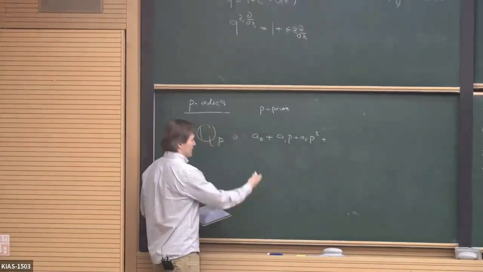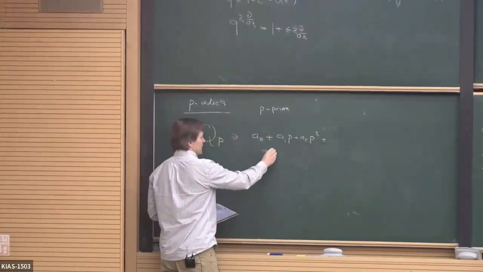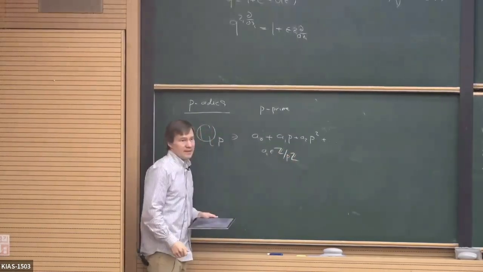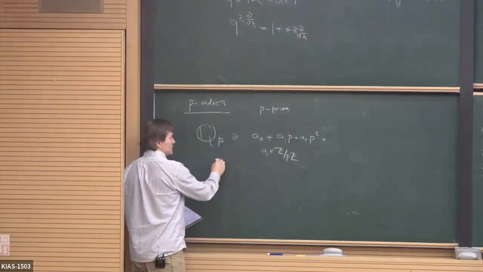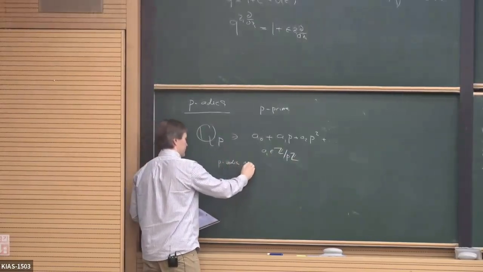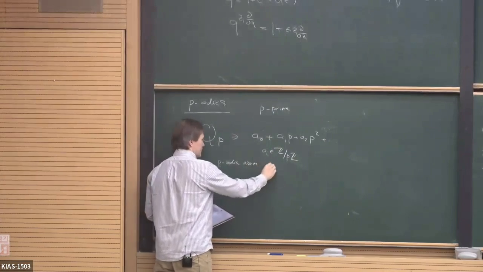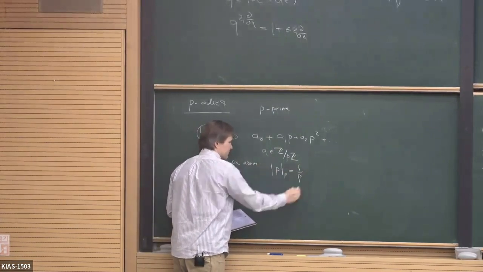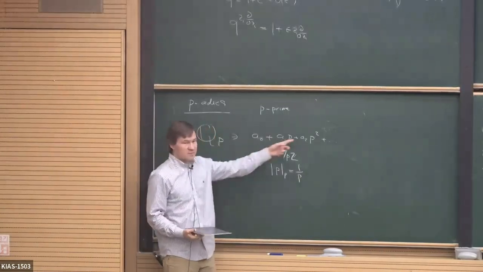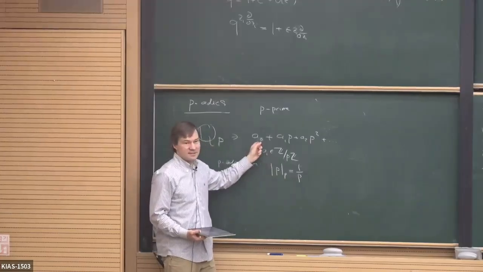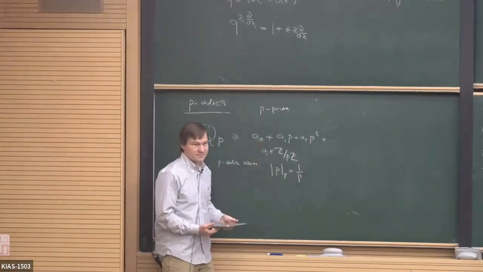The coefficients a_i live in Z mod p. And then there's a p-adic norm or valuation, where the p-adic norm of p is 1 over p. So for the purpose of the series, p behaves like an epsilon, so a series like this one will converge.